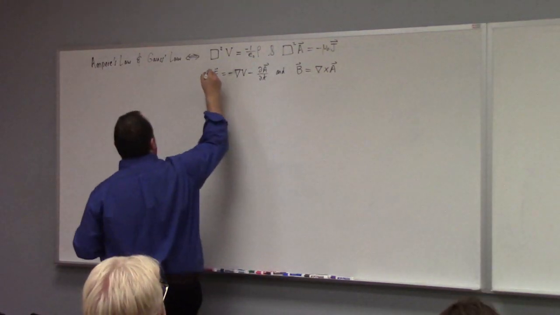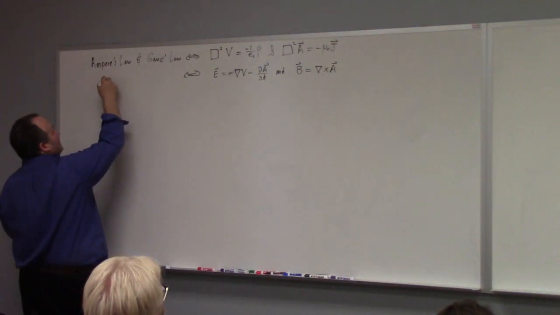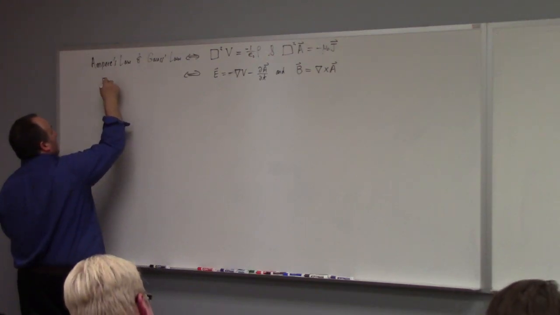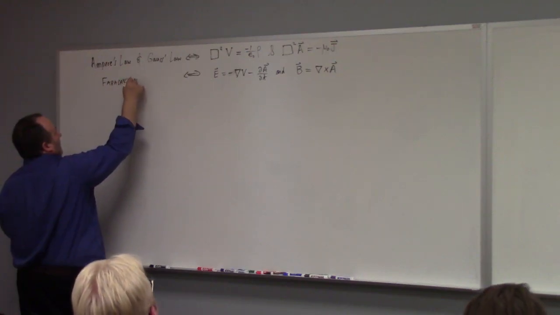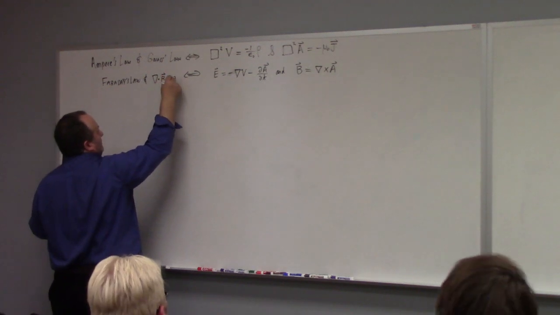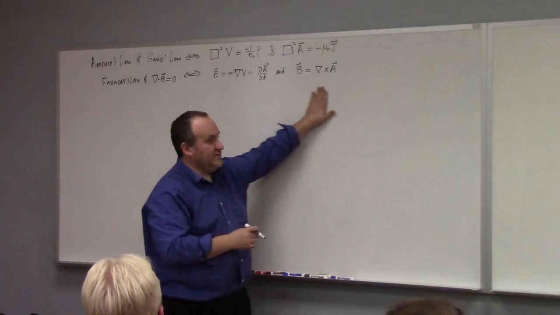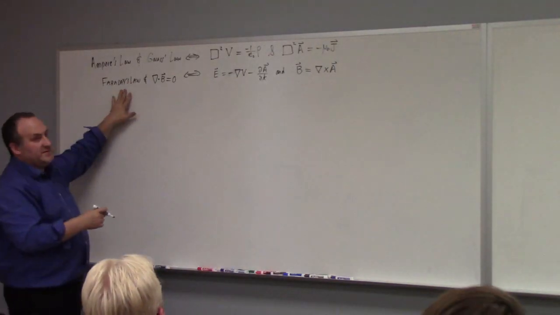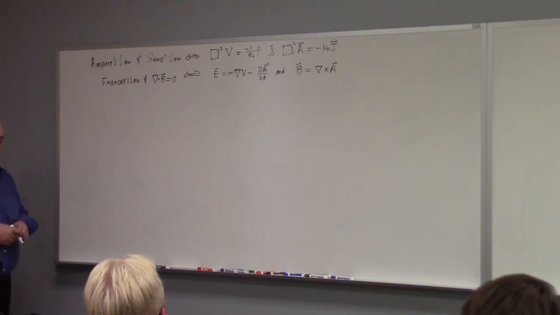Those are essentially interchangeable with Faraday's law and no magnetic monopoles. This formulation automatically gets you these two. But if we have sources, we need to solve those inhomogeneous wave equations.